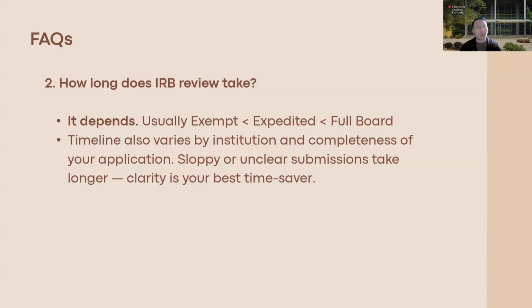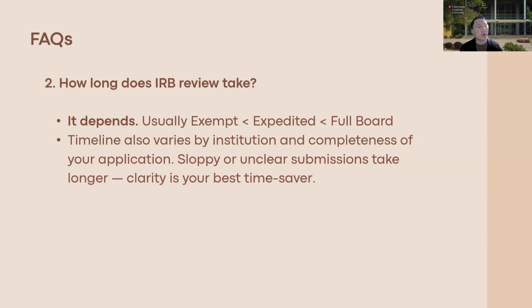So if you submit your application shortly before they meet, you may get it faster. But if you submit your application and it's still another month before they meet again, then it might take a lot longer to get full board review approval.